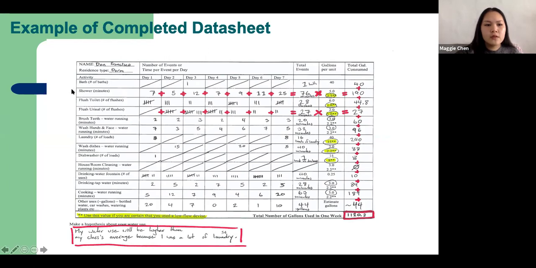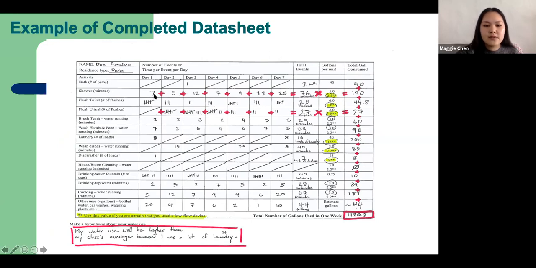It could be a bath, a shower, or flushing, like the number of flushes for your toilet. If you're brushing your teeth, it's how many minutes you run your water. Say if we're looking at baths, you don't take a full bath until day 3, so you can cross out the other days and just tally up one.